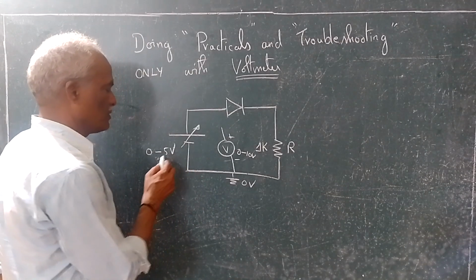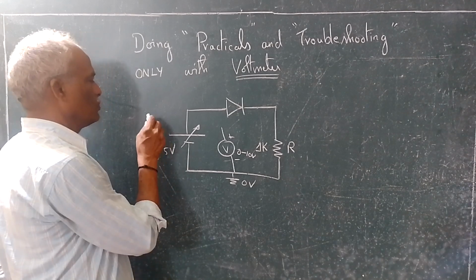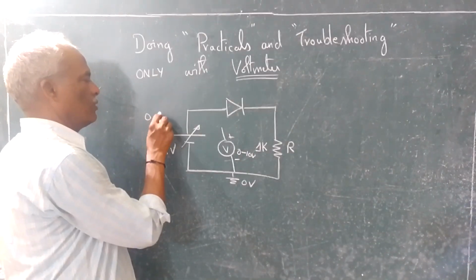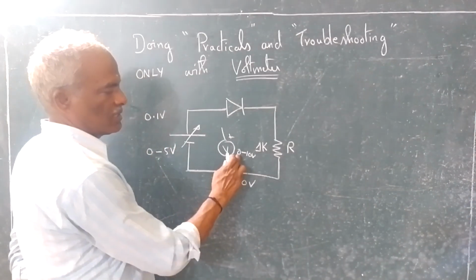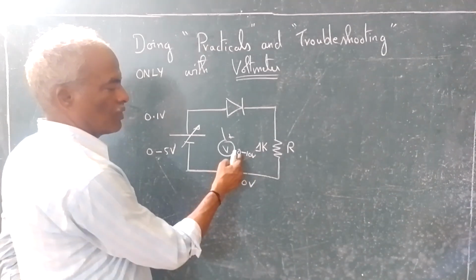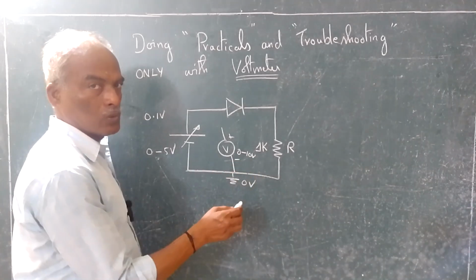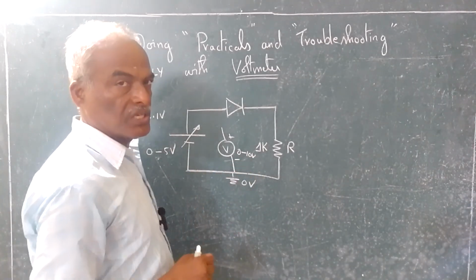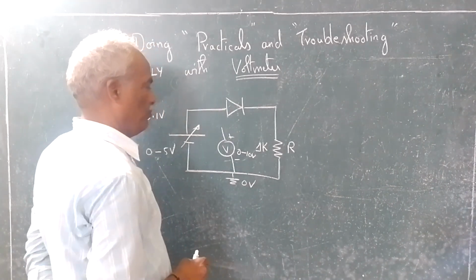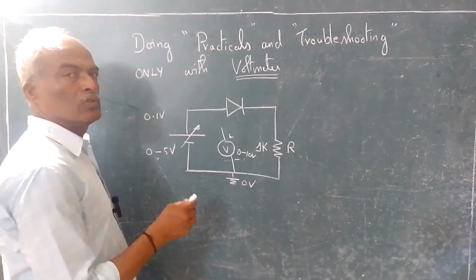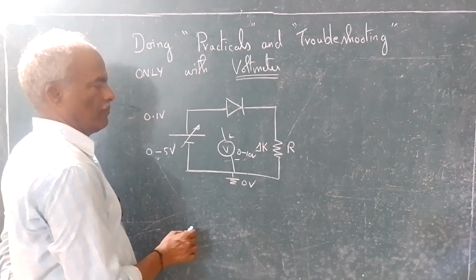Suppose initially this was set to say 0.1 volt, then this range is very big, so in that case you can choose 0 to 1 volt. You have that provision in a digital multimeter while using it in voltmeter mode.